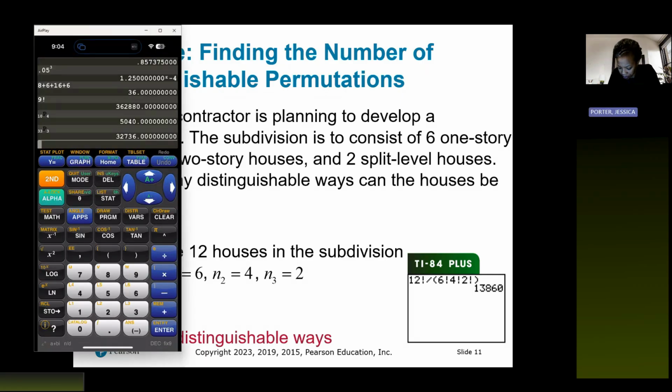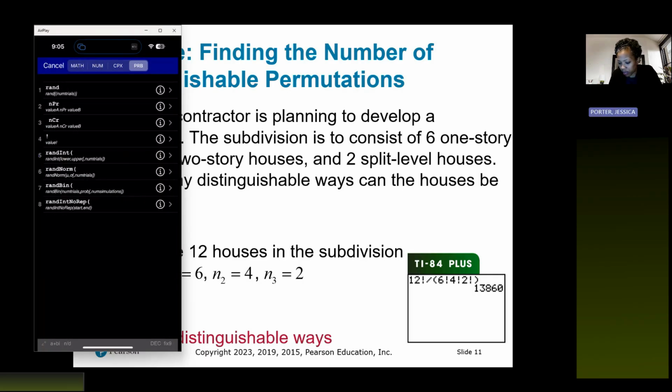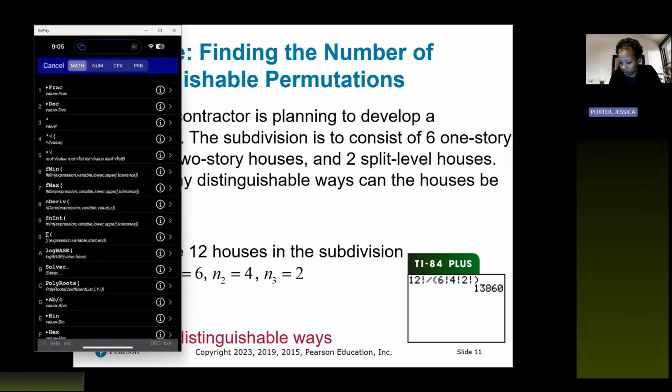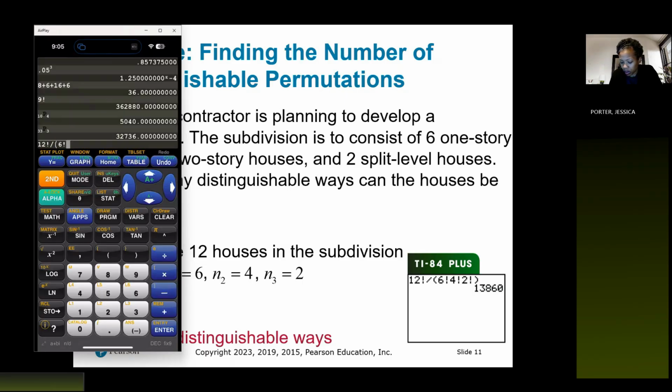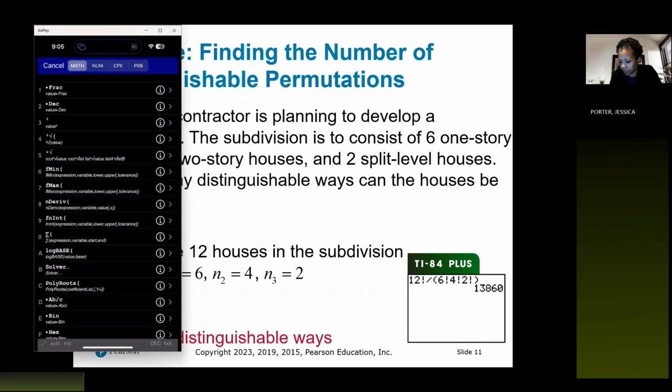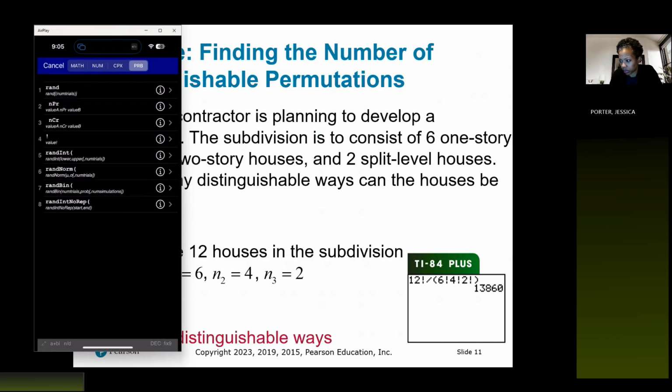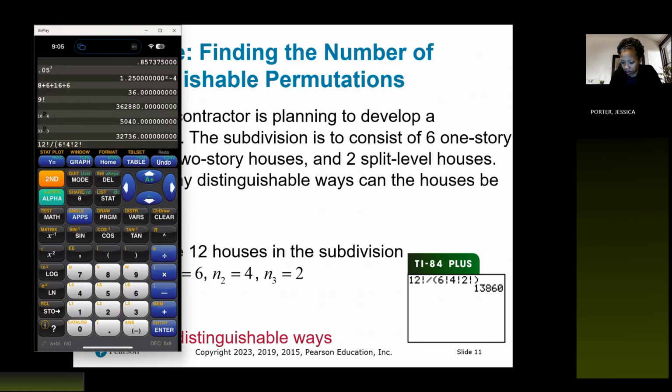So that would be 12, math, PRB, factorial, divided by, I always use parentheses, 6 factorial, and so on, 4 factorial, 2 factorial. There you go. Okay.